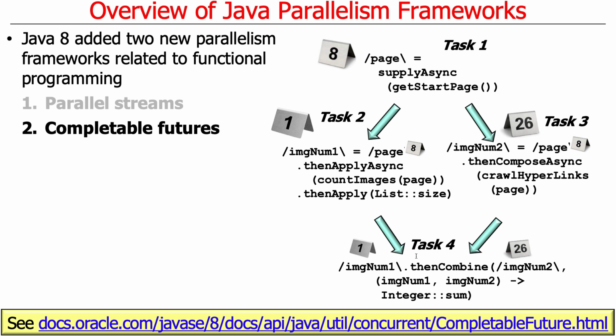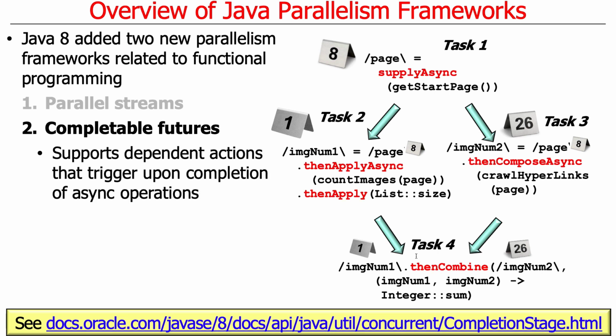What this is showing is how we can take our tasks and then split them up in a way where they can run in parallel. And as tasks finish, then there are so-called dependent actions or completion stage methods that can be called back automatically by the framework to handle the subsequent processing of asynchronous results as they complete.